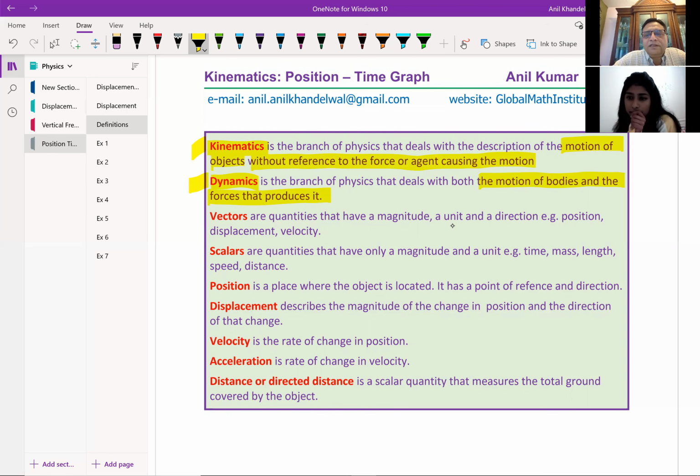We are not really interested in what is causing that. You understand? We are not interested in what is causing that change. Perfect. So that is what kinematics is. But when we take into consideration the force which may change the motion of a particle, then it is dynamics, correct? The other definition, vectors and scalars, you know fairly well.